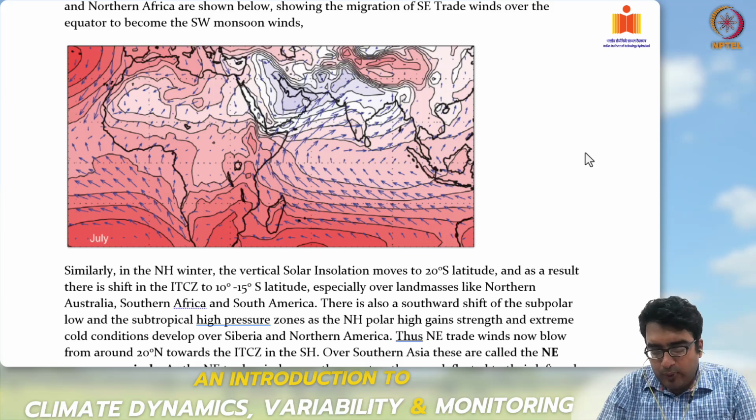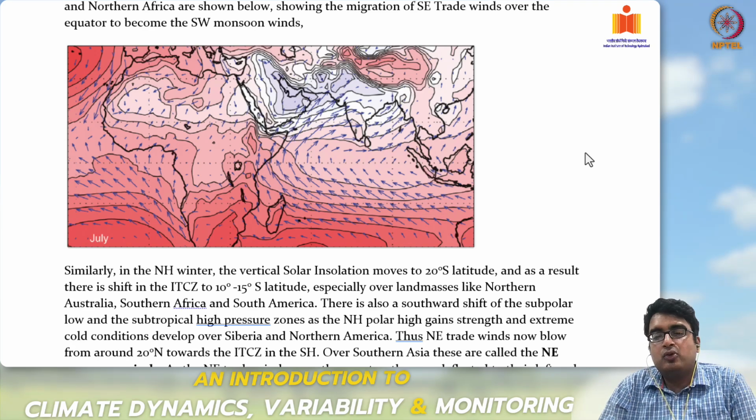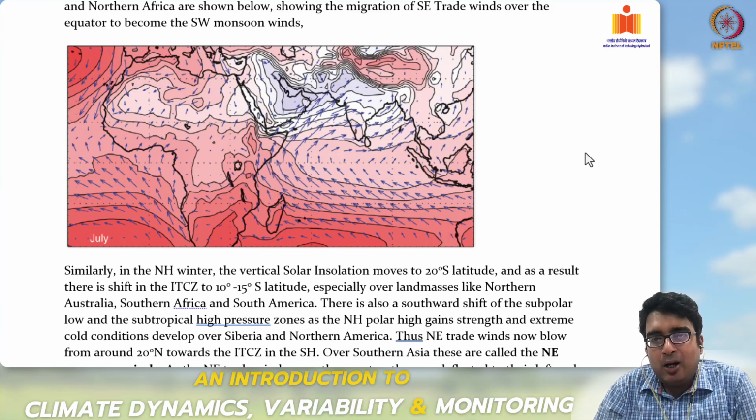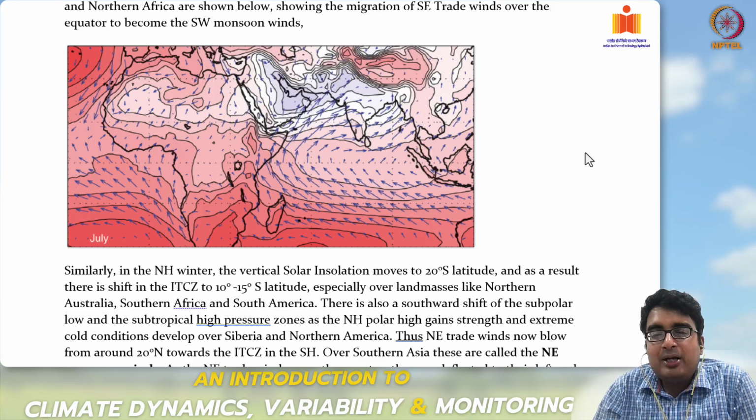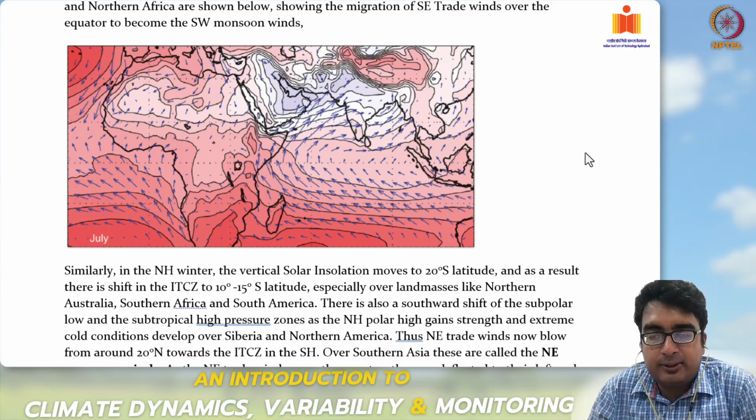In the previous class, we started our discussion of how seasonal shifts of the intertropical convergence zone, which is the zone where the equatorial low pressure belt lies and where the southern and the northern Hadley circulation systems converge, shift towards the north in the summer because of the higher insolation in the 10 to 20 degree north latitudes, and shift to 10 to 20 degrees south latitudes in the winter because the southern hemisphere summer there has direct insolation of the sun at those regions.